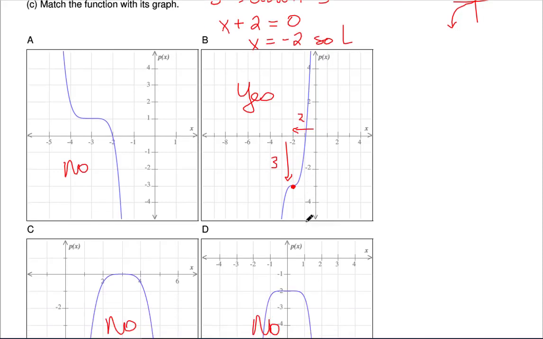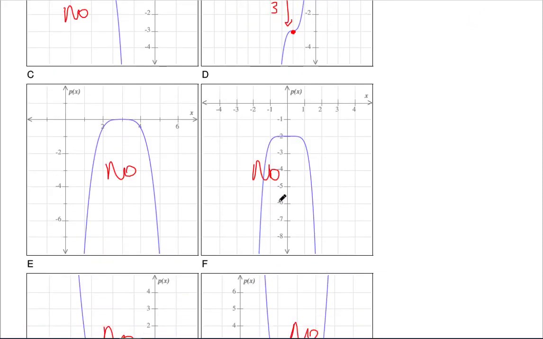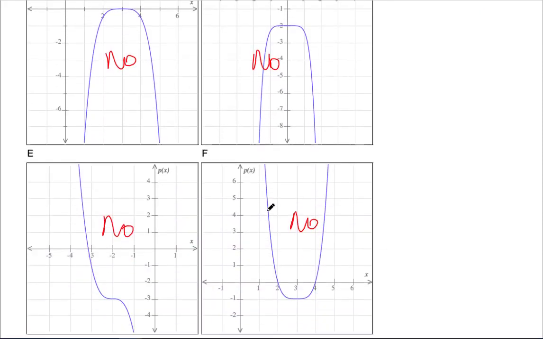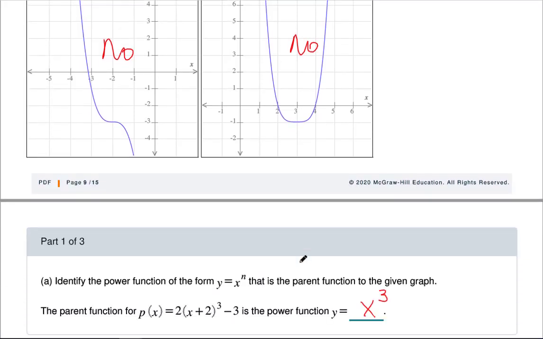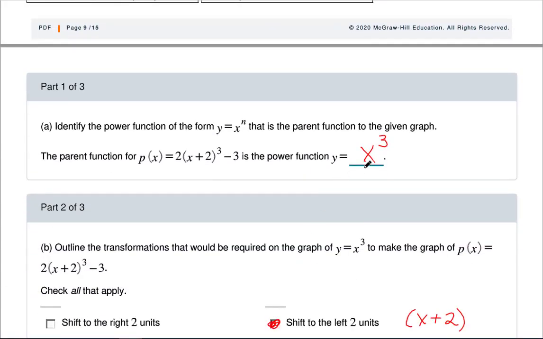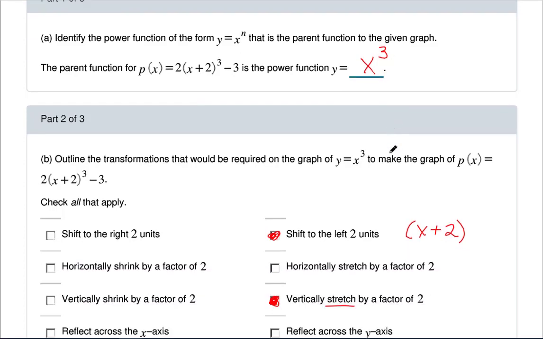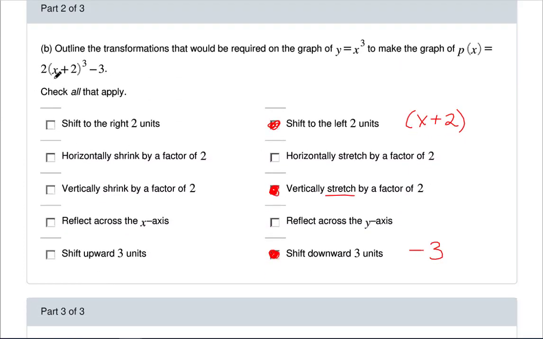That's our function. C and D are flipped over x even. This one got flipped over and shifted, but ours was not that. And again, this is x to an even, and we had x to an odd. The parent was x cubed, got that. What happened to it?